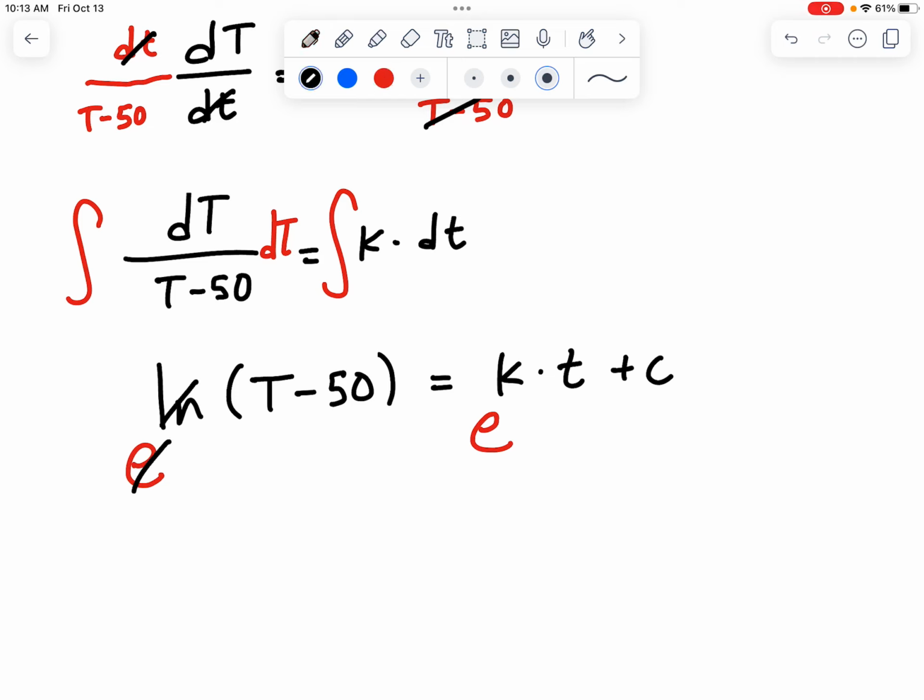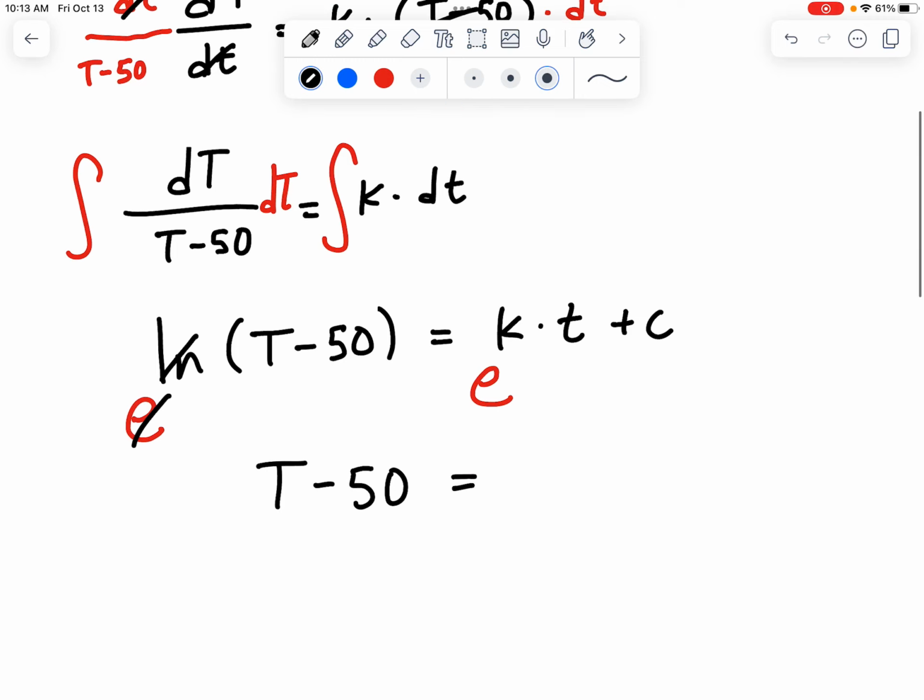On the left side, they cancel, just leaving T minus 50. And then on the right side, I'm going to rewrite this as e to the c times e to the kt. Because when the exponents are added, that's the same thing as saying e to the c times e to the kt.